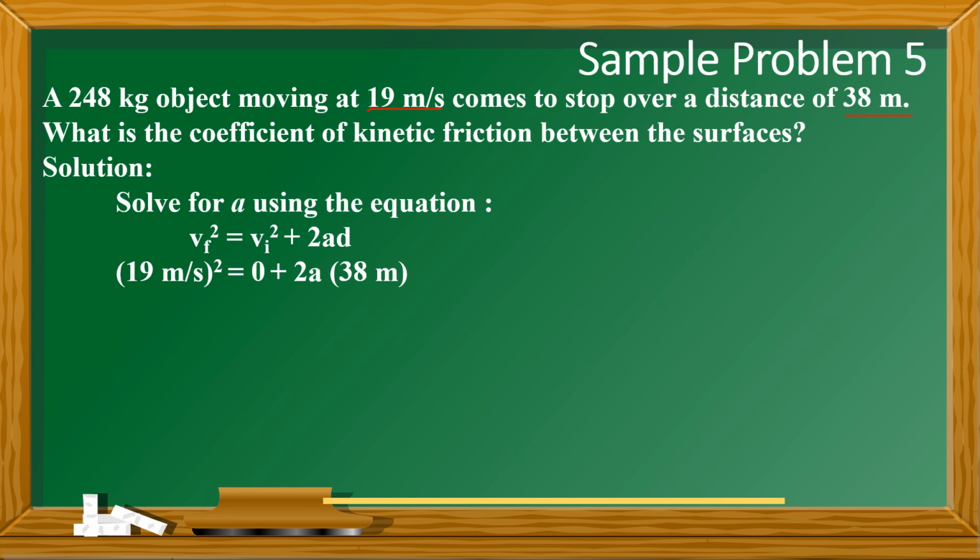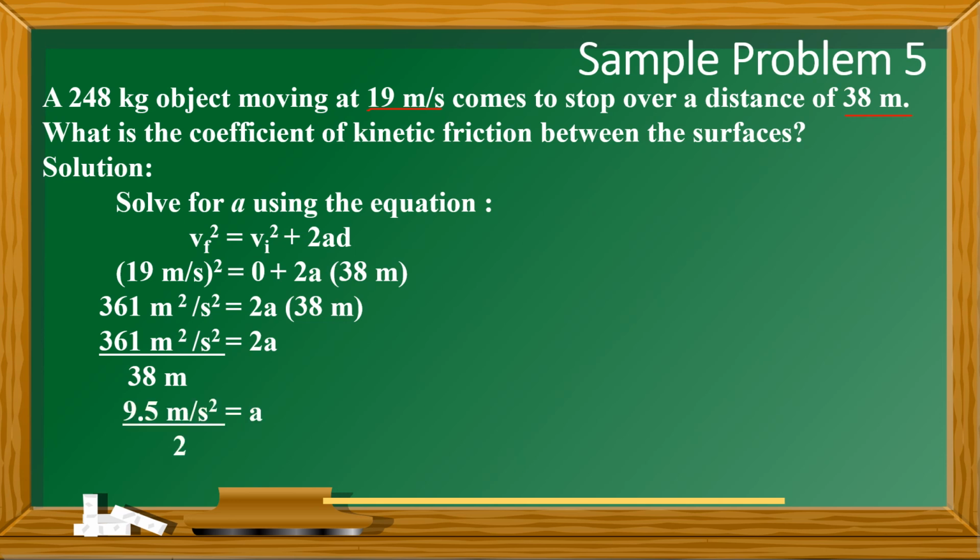So 19 squared gives 361 meters squared over second squared, which is equal to 2a times 38 meters. To get the value of a, we have to divide both sides by 38 meters. So 361 divided by 38 gives an answer of 9.5 meters per second squared.